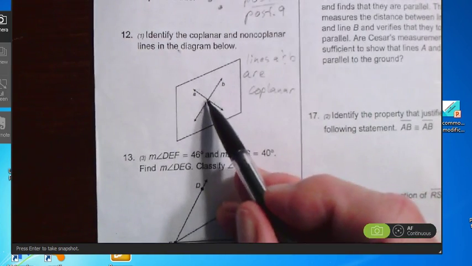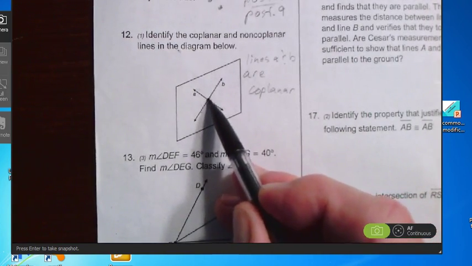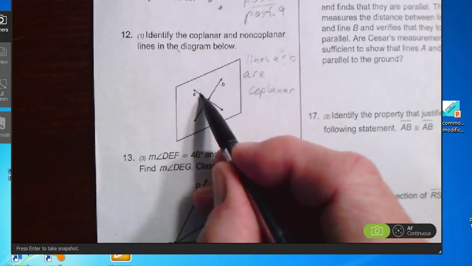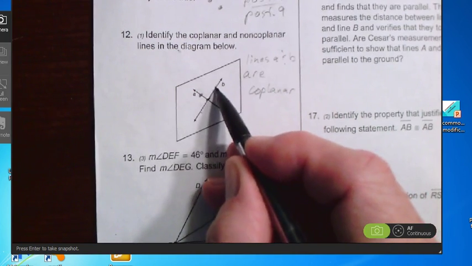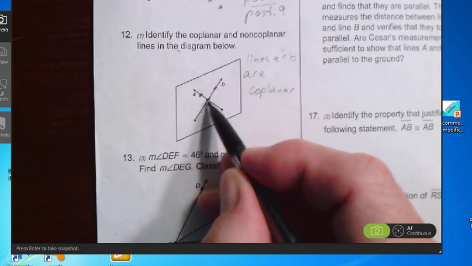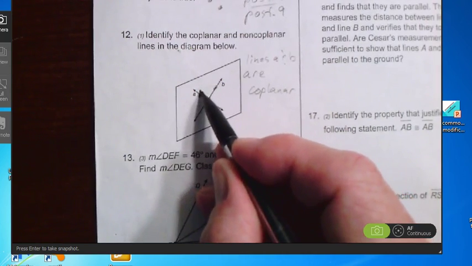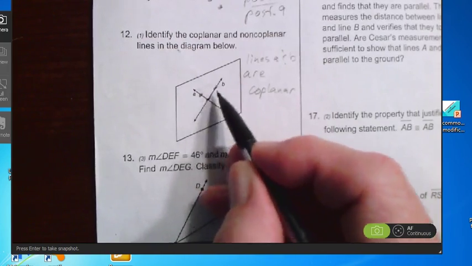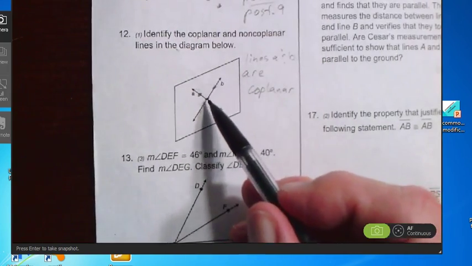And they will always be coplanar because they cross or intersect at a point, and then you can go to the 2 lines, let's say, and here, just pick any 2 places on the 2 lines, and you will always have 3 non-collinear points that define a plane. So they will always be on the same plane.